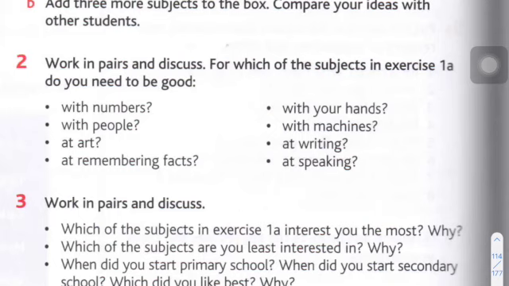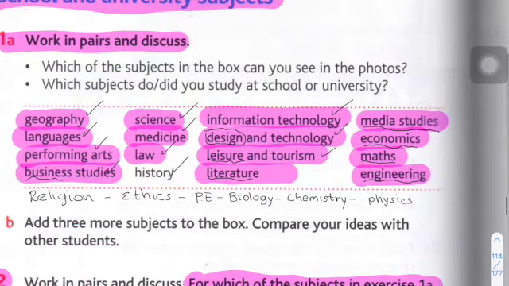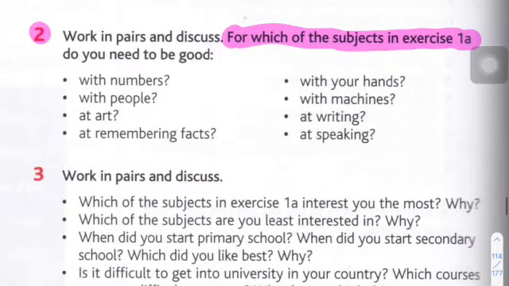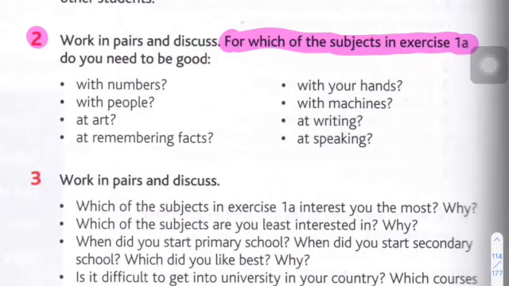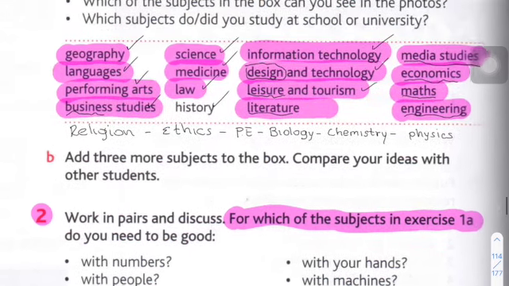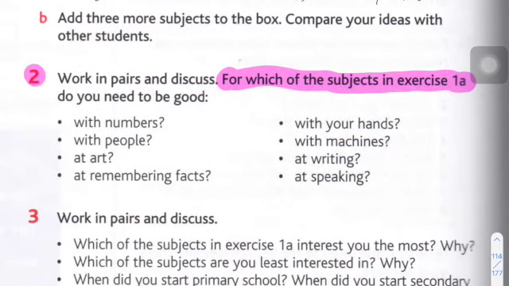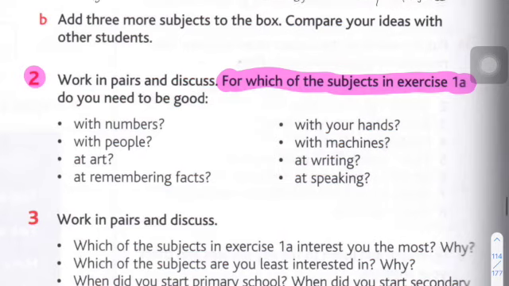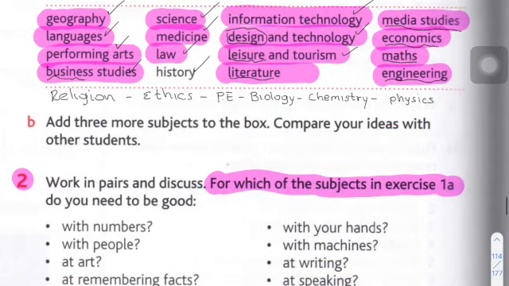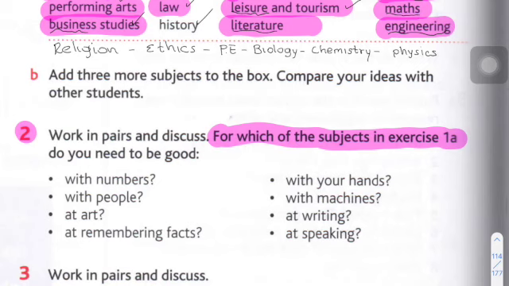Okay, and now we are going to do exercise number 2. Exercise number 2 says work in pairs and discuss which of the subjects in exercise 1A, I mean these subjects, you need to be good at. So what are the attitudes and strengths you must have to study one of these subjects? So, for example, if you would like to study maths, you have to be good with numbers.